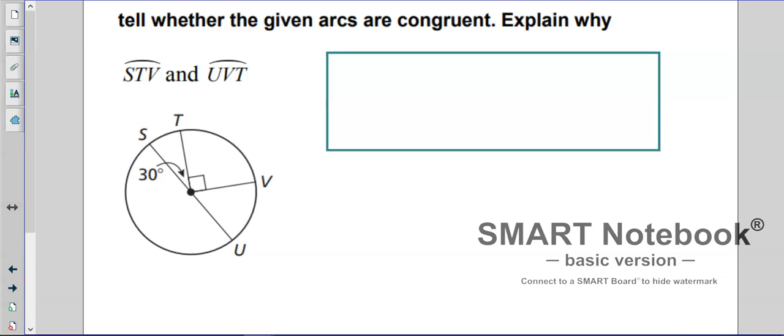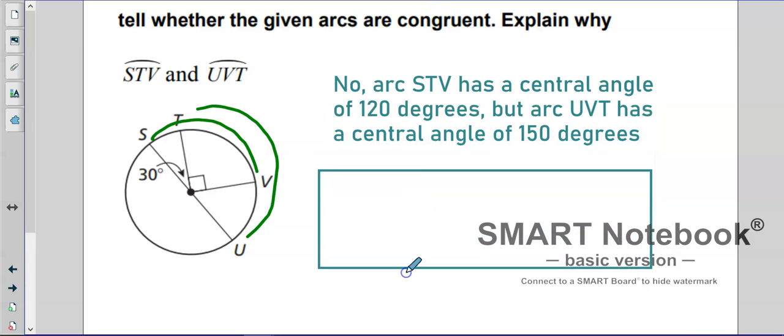Tell whether the given arcs are congruent. STV and UVT. So the answer is no. Arc STV has a central angle of 120. All right, so think about it.